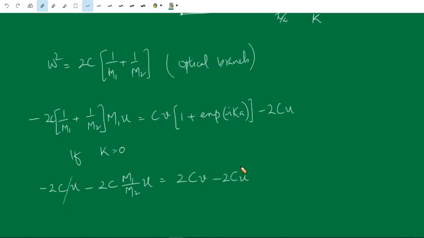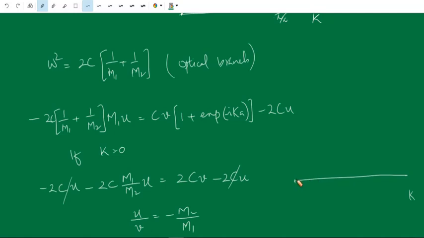So this gets cancelled, and finally we are left with u by v is equal to minus m2 divided by m1. So for the optical mode of vibration, u by v is equal to minus m2 by m1. Here u is the displacement of the first atom and v is the displacement of the second atom. The ratio of these two is negative, which means the atoms vibrate against each other.